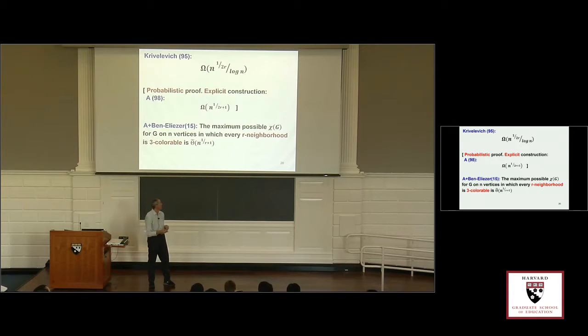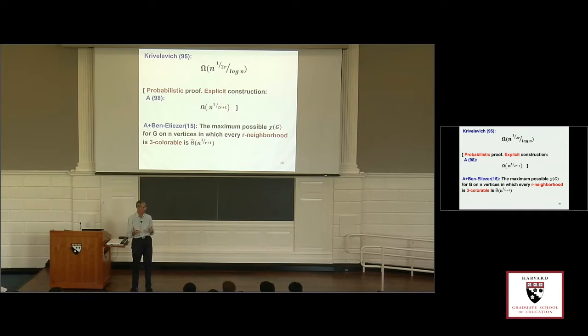So actually, the question of graphs with odd girth bigger than 2r plus 1 is equivalent to saying that for every vertex, if you look at the r-neighborhood of it, the neighbors and the neighbors of the neighbors and so on up to distance r from the vertex, then every neighborhood is 2-colorable, right?